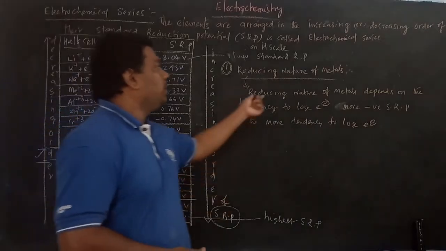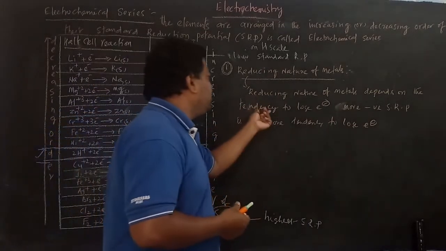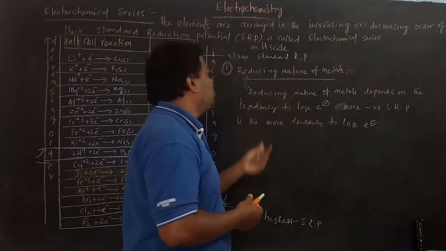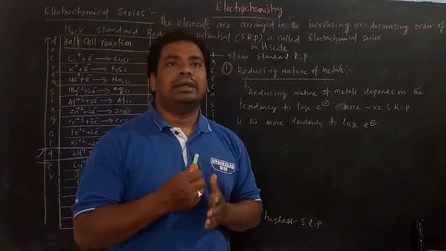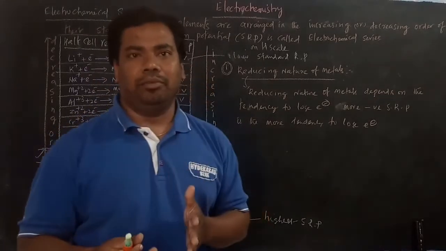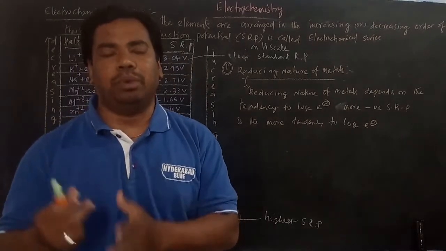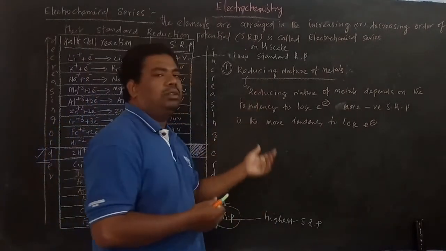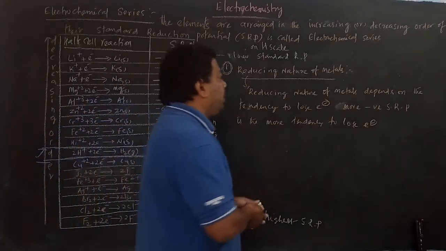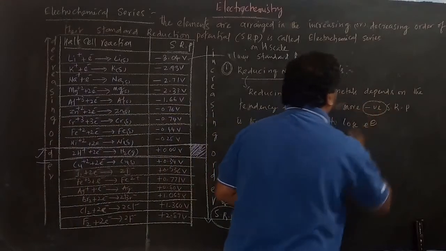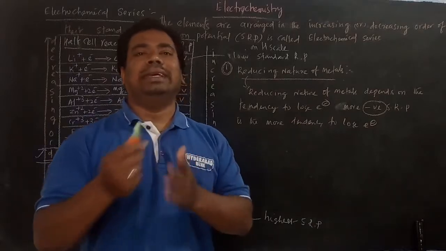Which metal can lose electrons easily? The metal that has more negative reduction potential. The more negative reduction potential means it has the tendency to lose electrons easily.